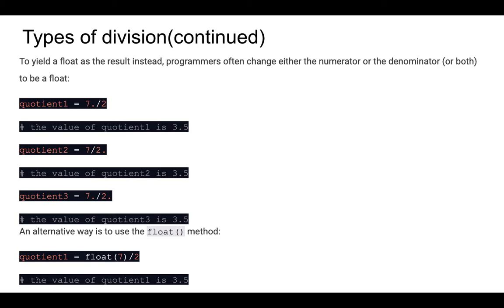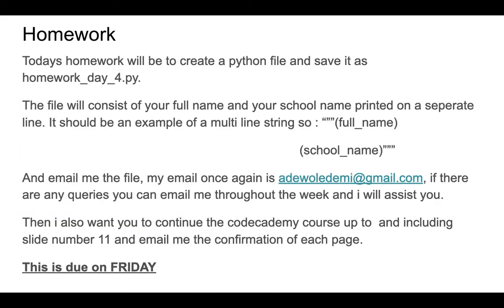I won't go over this in too much detail because most people would be coding in Python 3, so it wouldn't really matter. An alternative way is to use the float method. You would just write float, open the brackets, the first number or the second number, close the brackets, over the second number. It wouldn't matter which one you put float in.